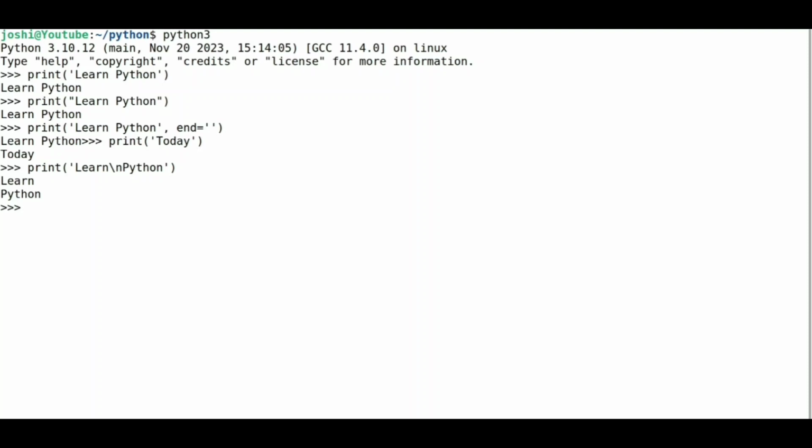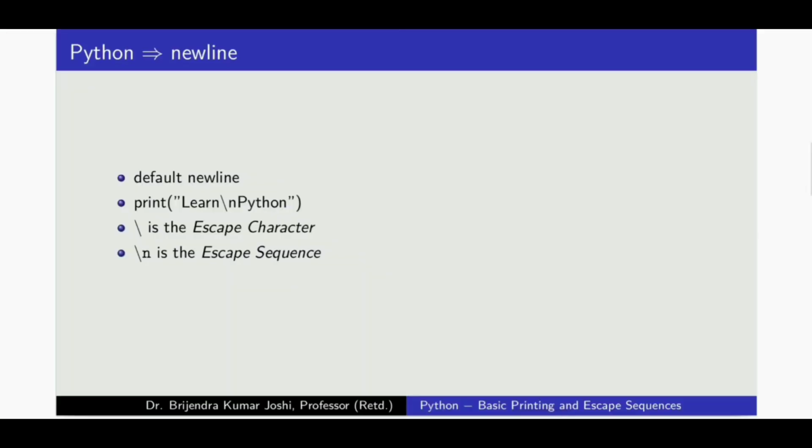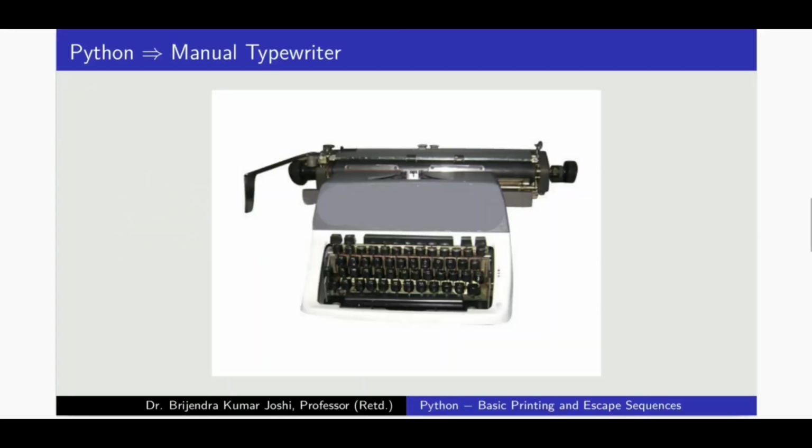Actually, \n gets expanded into two codes rather: carriage return and line feed. So let's look at the old manual typewriter. Here you see this is referred to as carriage, and we insert the paper inside somewhere here, okay, and then this is used to scroll the paper up, and normally this carriage is towards the left hand side.